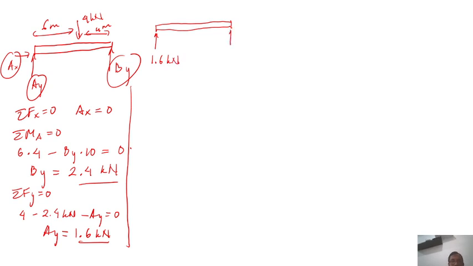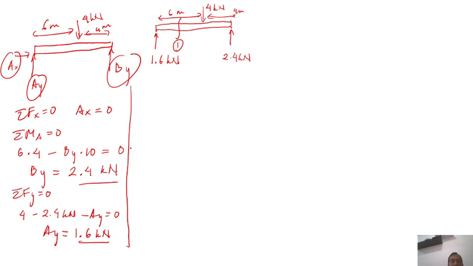By here will be 2.4. Then we have 4 kilonewton. What we try to solve is the shear force, and after that we will try to solve the internal moment. Okay, how can we find the distribution? Now, as usual, we can cut it. The first cut is here.